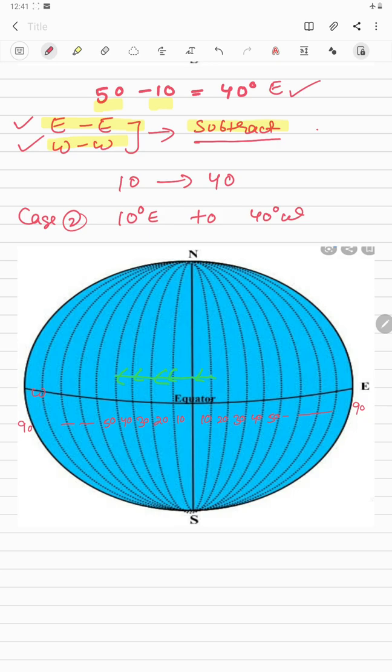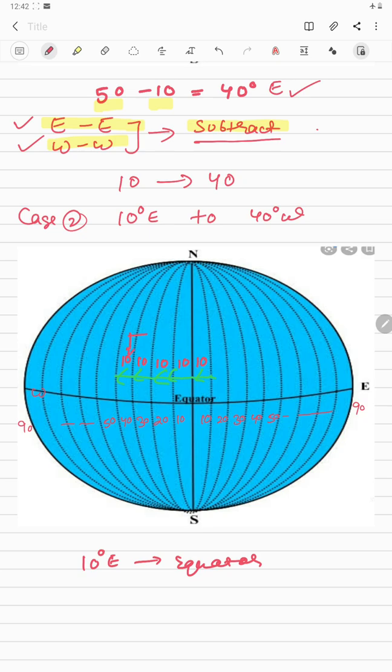From 10 degree east till I come to the equator, I have to go 10 degrees. Now standing at the equator, I have to go towards the 40 degree west. So naturally from the equator to the 40 degree west, I am going to move another 40 degrees.